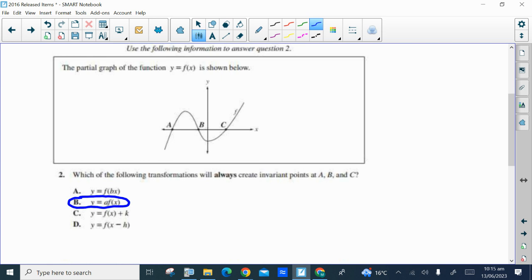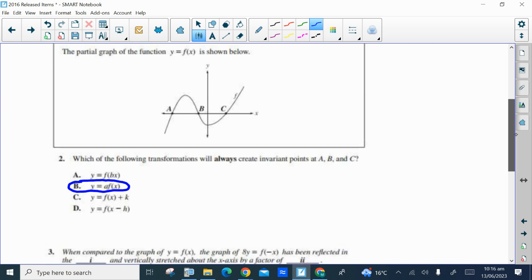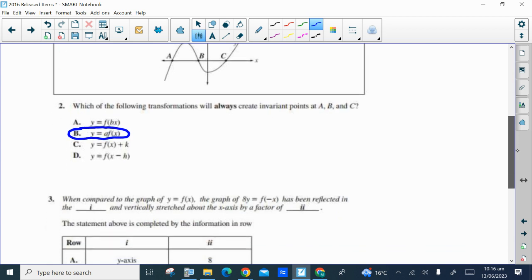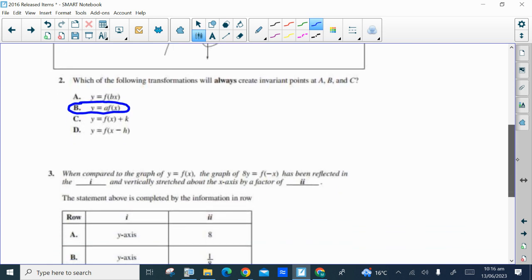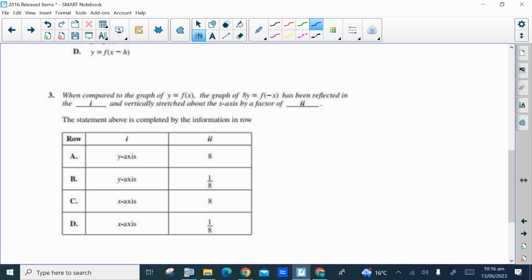Now, the word always is important there because in the case of question C, if k is 0, then that won't change the invariant points. And same thing with answer D. If h is 0, that would not change the invariant points. But no matter what vertical stretch factor you have, it will not change the invariant points on the x-axis. Right, so that's why B was the answer.